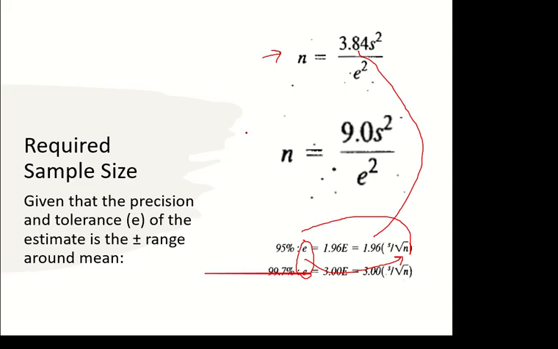If somebody is looking for 99.7% of data, then he should have these many samples. Now here there are two unknowns, s and e. Somehow you need to find the values of s and e to find out how many samples you should collect.